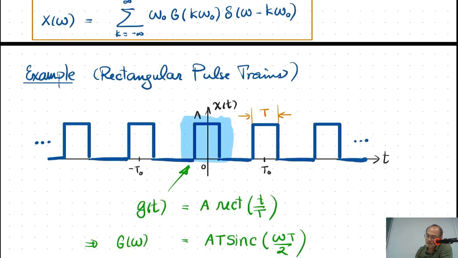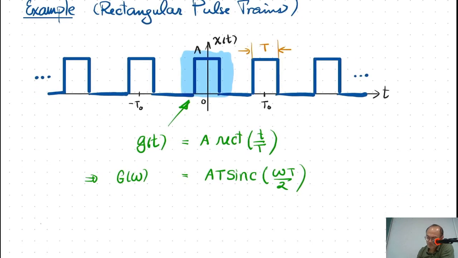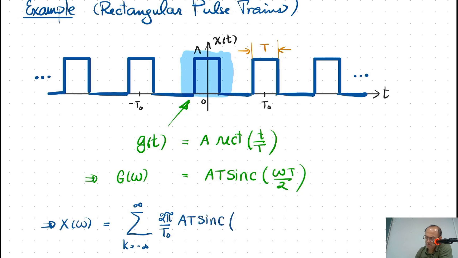So I have x of omega equal to summation k goes from minus infinity to infinity, 2 pi over t0, g of k omega 0, so that is A T sinc of k omega 0 T over 2, and then delta omega minus k omega 0.